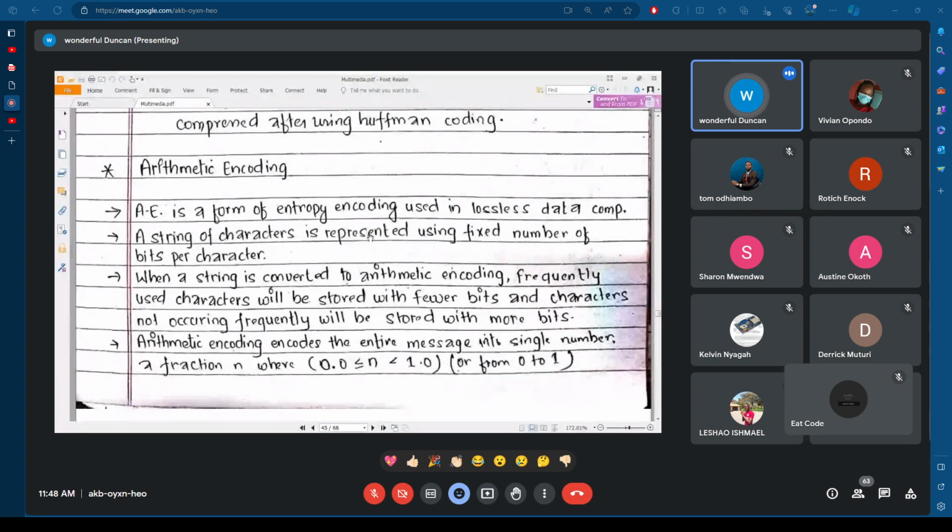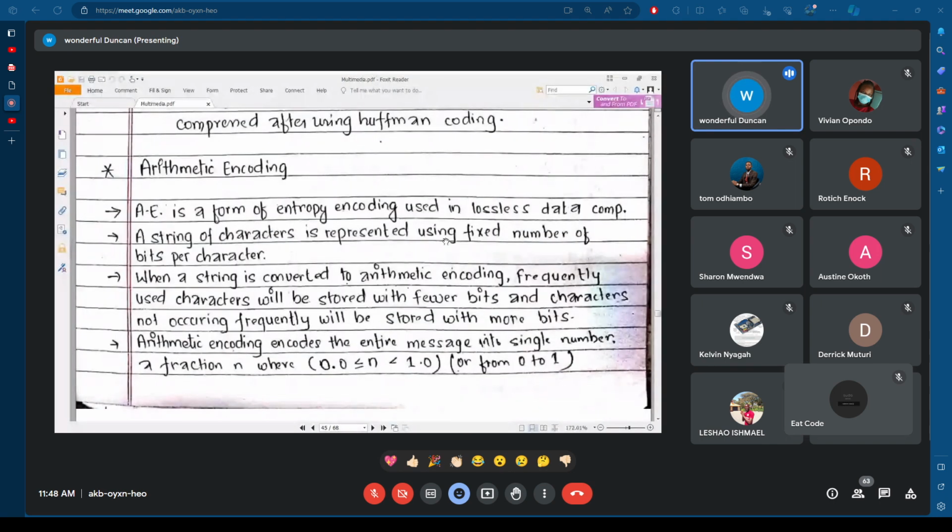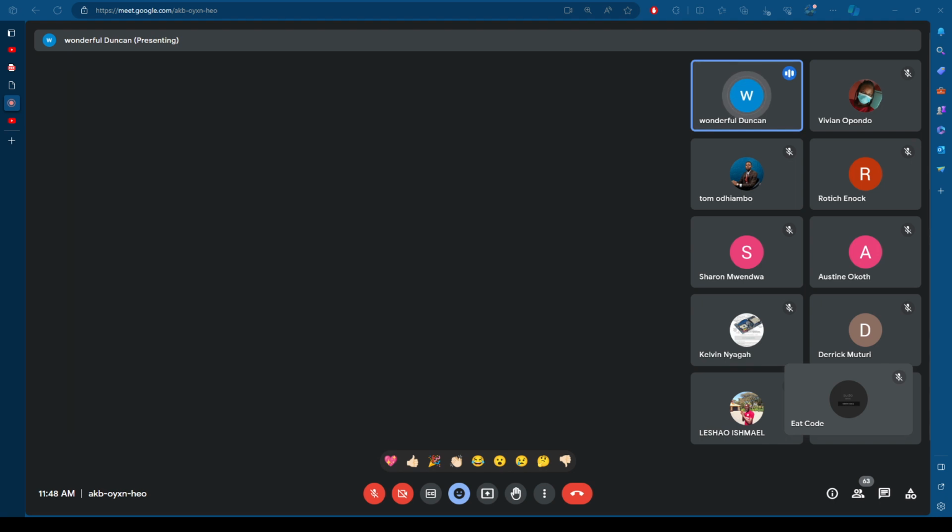A string of characters is represented using a fixed number of bits per character.